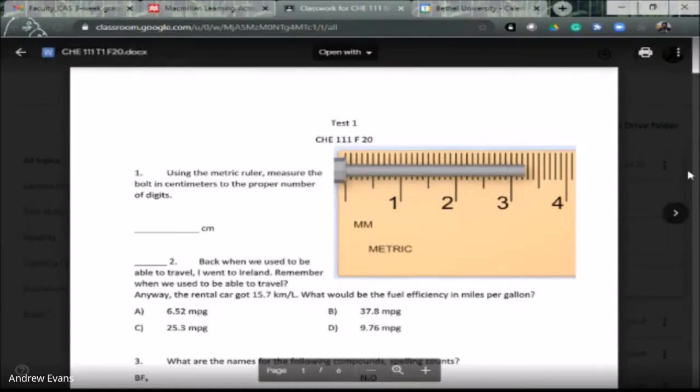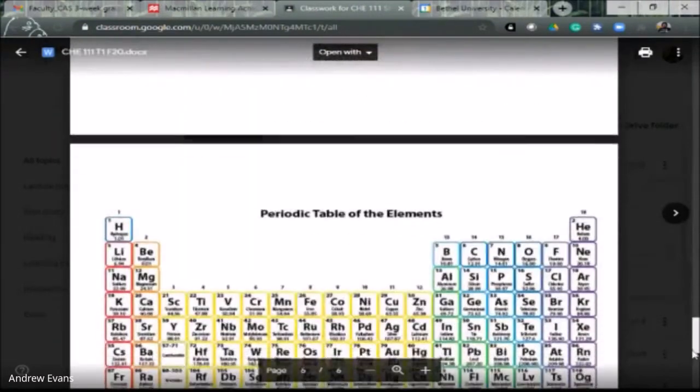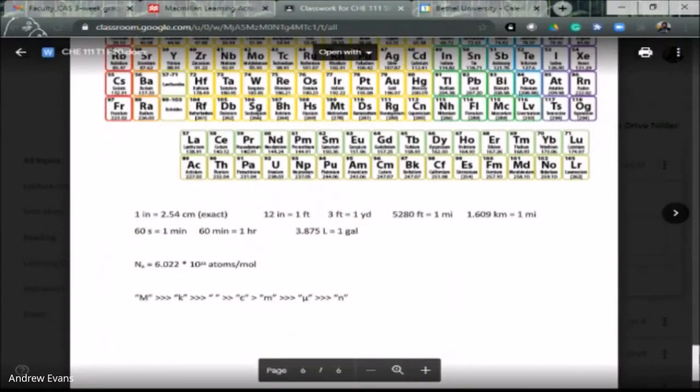Now I'm going to scroll down and grab the units. So grabbing those units down there, I'm going to set that up: 1.609 km per 1 mile. And then the next unit, 3.875 liters in 1 gallon.